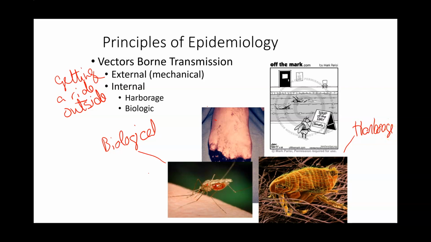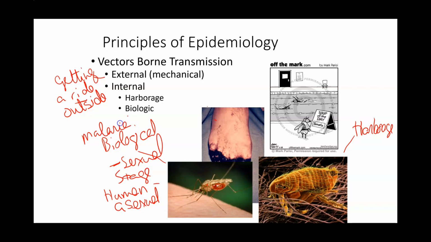So the mosquito harbors the sexual stage. And then the human has the asexual stage of the protozoan Plasmodium. And so this is malaria that we're talking about, okay? And over here we're talking about plague.